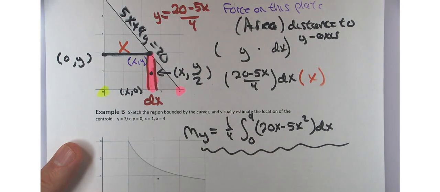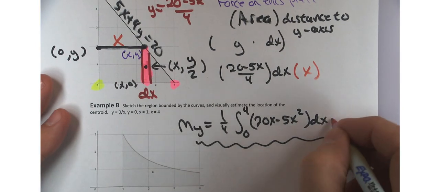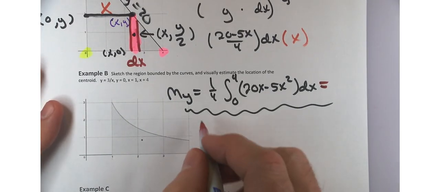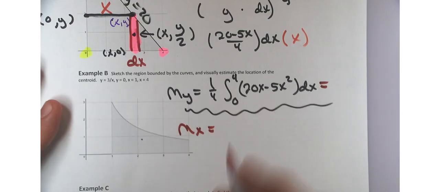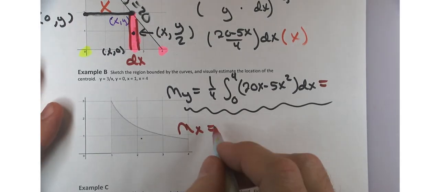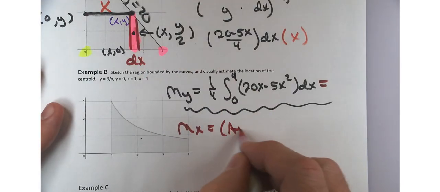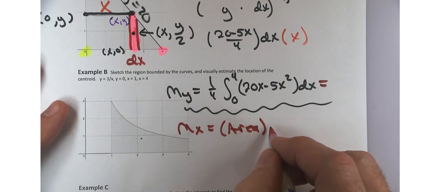So again, we're going to try and find the force on one plate. At some point, we're going to have to go back and calculate that numerically. But let's try and find the force on one plate. Now we're trying to find the moment around the x-axis. So that's going to be the area times the distance to the x-axis.